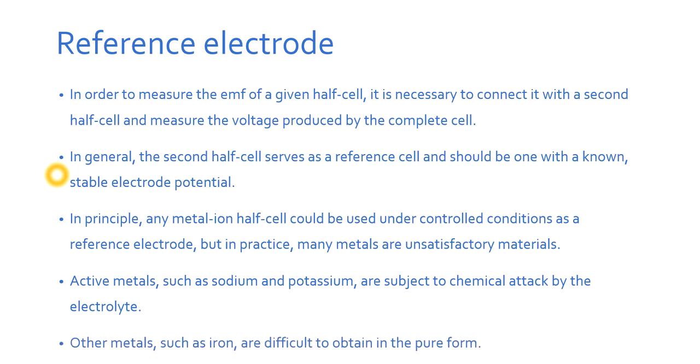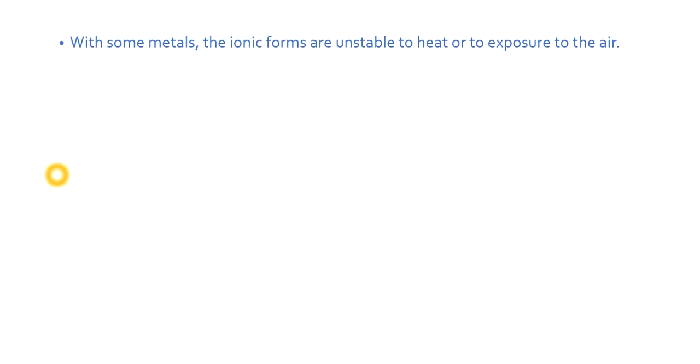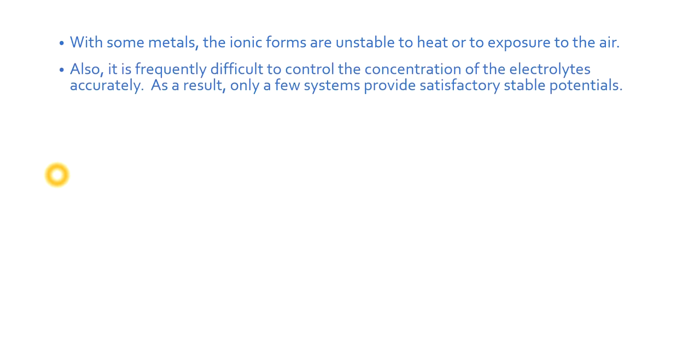Similarly, if you are using iron, it is difficult to obtain iron in pure form. Some metals in ionic form are not stable when you expose them to heat or air.